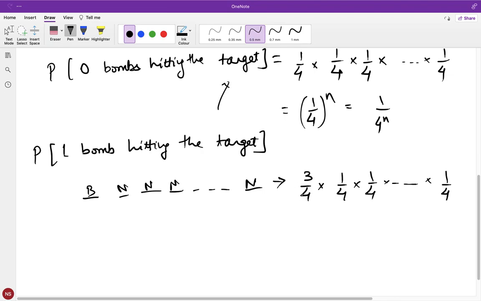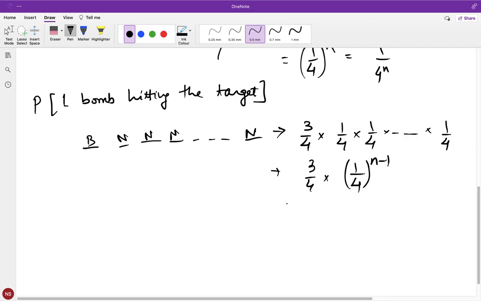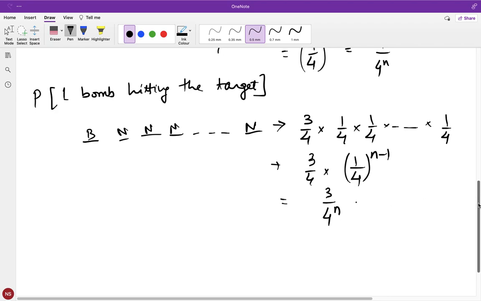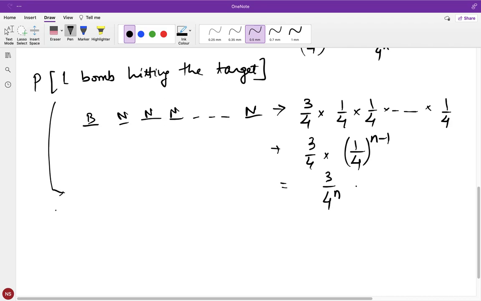If 3 by 4 is appearing once, 1 by 4 is appearing how many times? n minus 1, because n is the total number of bombs. If 1 is hitting, then n minus 1 are not hitting the target, which is equal to 3 by 4 into 1 by 4 raised to the power n minus 1, or 3 divided by 4 raised to the power n.